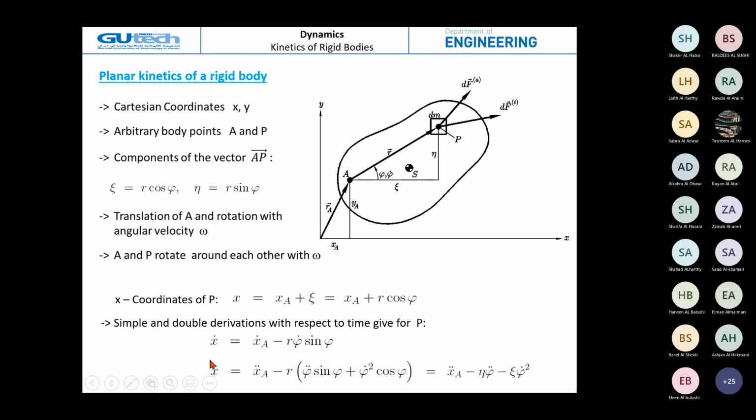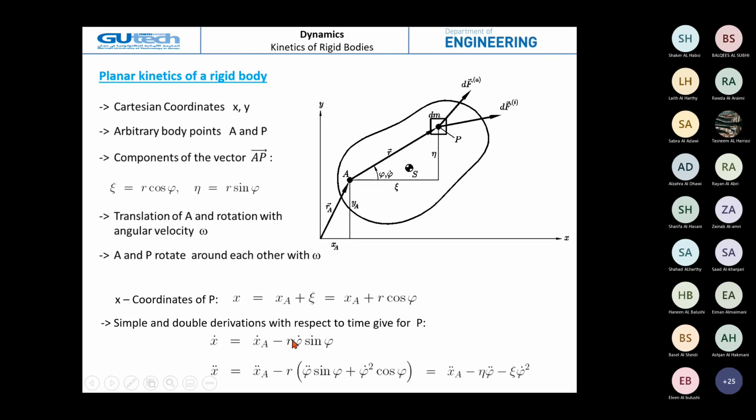Now we take the acceleration in x direction. Then x double dot will be the first term, x double dot a, minus the same term here, chain rule. We keep the same distance r between P and A. And now we have phi dot and sine phi.